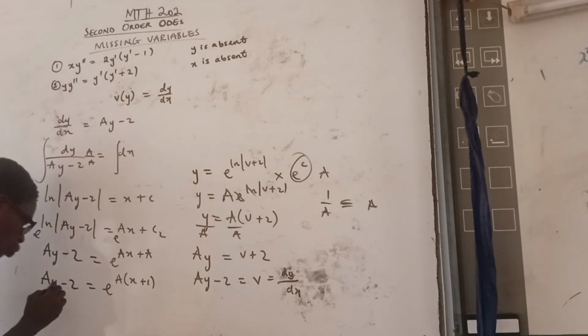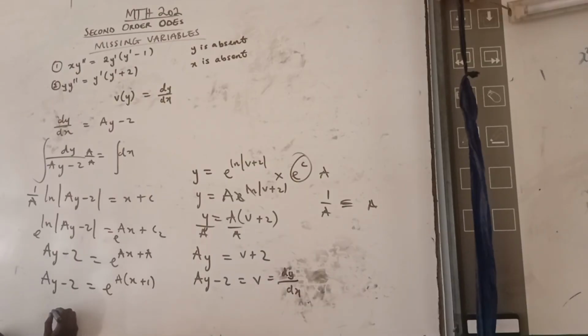By the law of indices, I can write it as e raised power ax plus a, and I can just say this is my a.